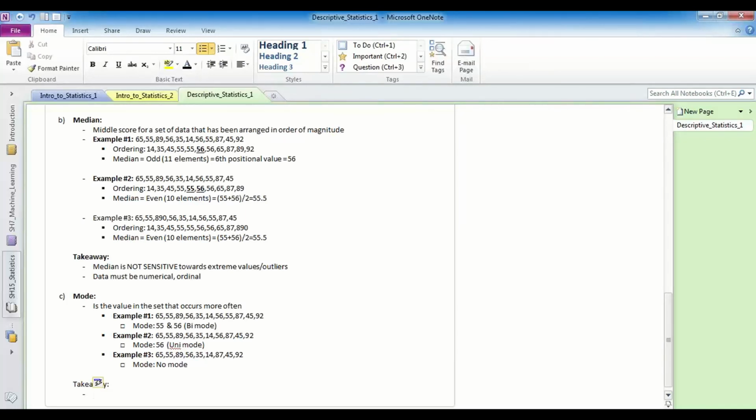You cannot expect an anomaly to be repeated many times, right? So even the mode is not sensitive towards outliers or extreme values, at least relative to the mean. The mean is the one getting impacted because you make use of each and every value present in the set. So the moment you have an outlier, your mean will be impacted hugely. So we can say that the mode is not sensitive towards outliers.